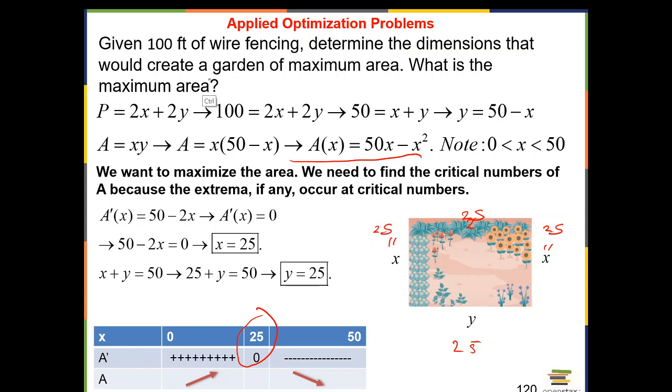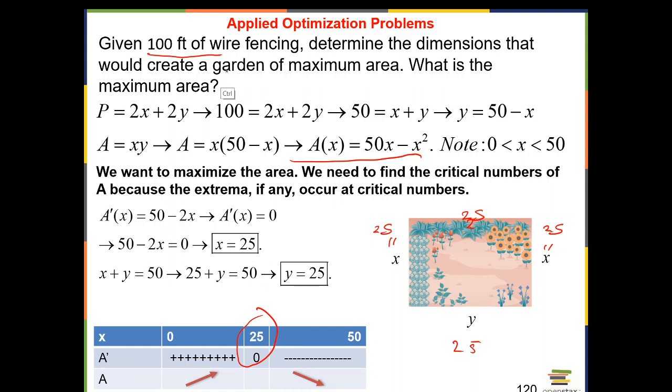If you have only 100 feet of wire fencing, then to make an area, let's say you're given that much, right? And you're given land, free land. Say, okay, just enclose it. Whatever you enclose is yours. Well, how would you enclose that land? You make a square, okay? So now you know.